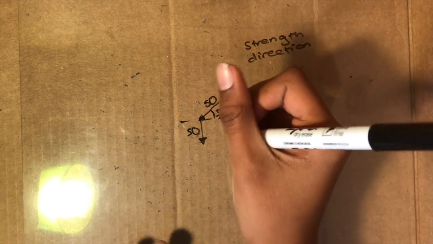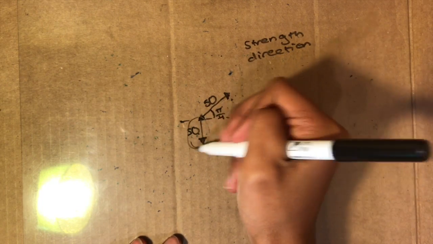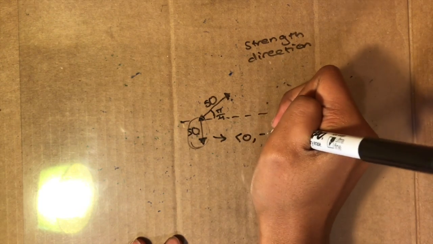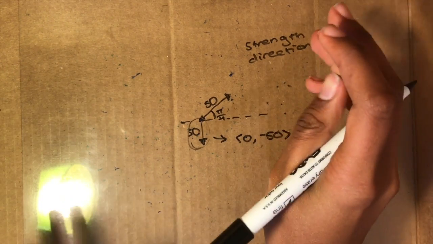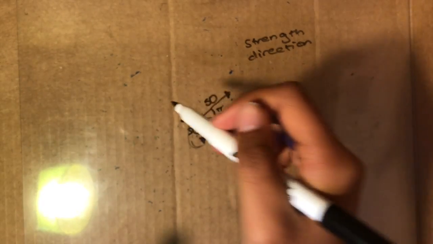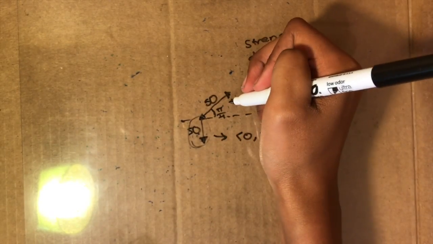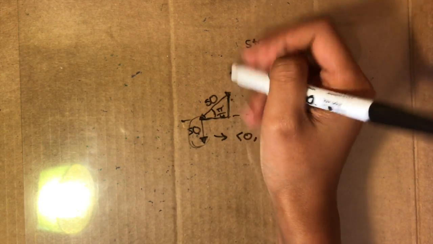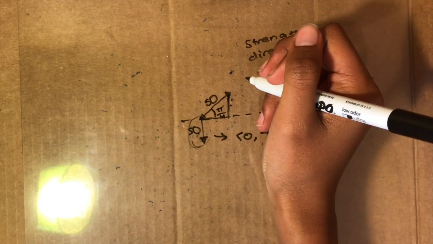So in order to write these vectors in component form, it's really easy to write this one, because this one just becomes 0, negative 50, because it is going across 0 and down 50. But what about this? Just because we know its length doesn't mean we know its component form. But the thing about 45 degree triangles is you know that these two sides are the same.